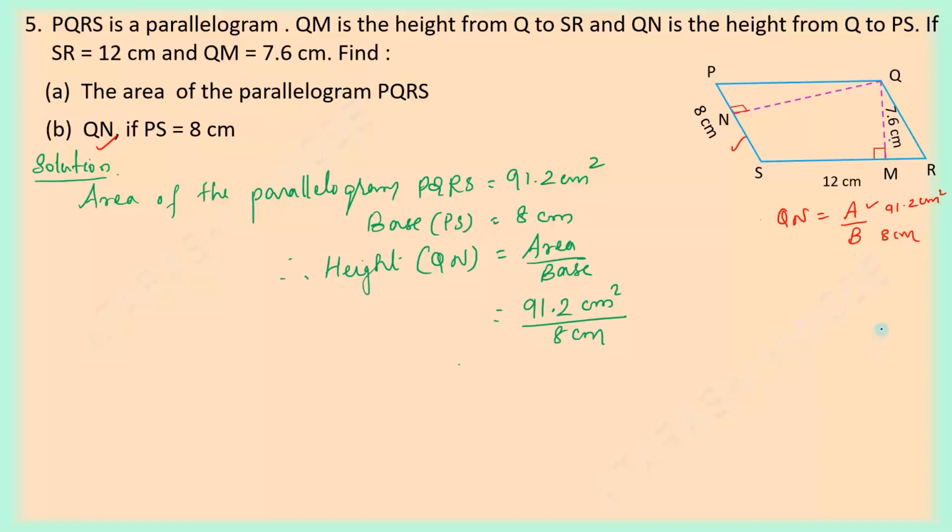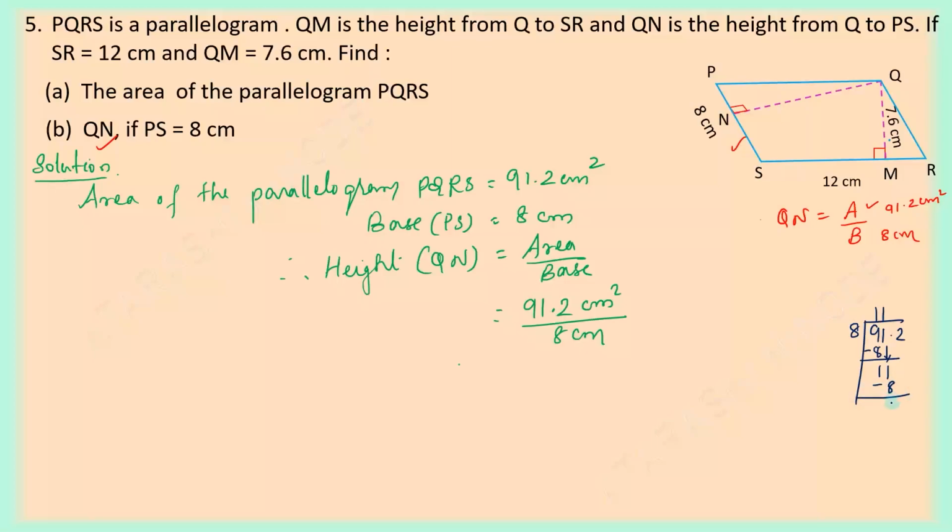Now let us divide 91.2 by 8. First take the first digit, that is 9, and 8 is less than 9. So in the table of 8, 8 ones are 8. So we can write 1 here, and when we subtract 8 from 9, it is 1. Now bring down this 1. Now it is 11. So again we get 8 ones are 8.